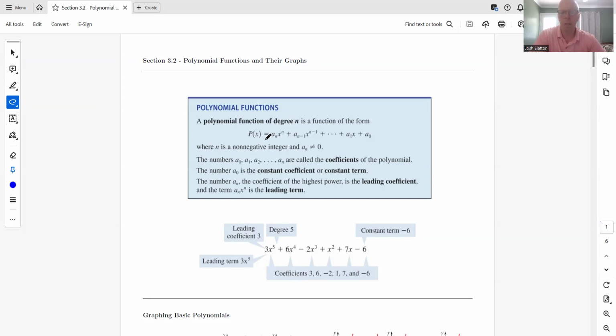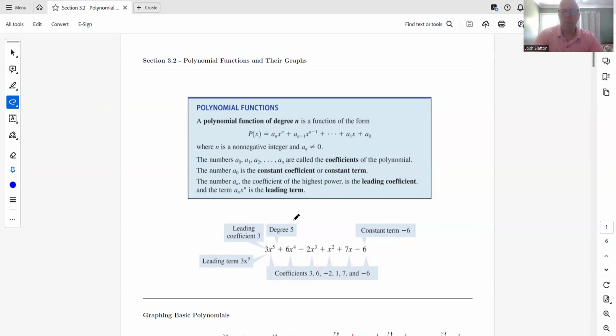That's not super important. But all of the A's are called coefficients. The last one is called the constant coefficient or the constant term. And then this first one, or whichever one has the highest exponent, that's called the leading coefficient. And then, of course, the degree of the polynomial is determined by the highest exponent.